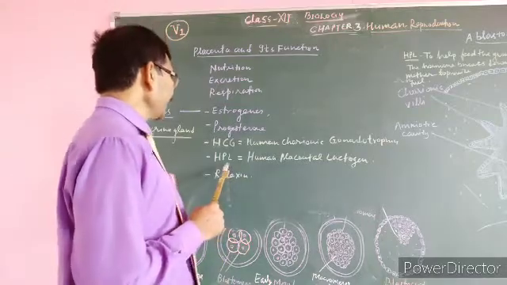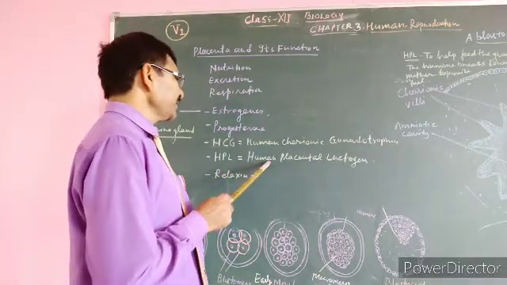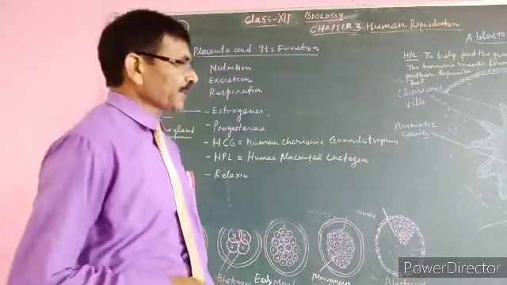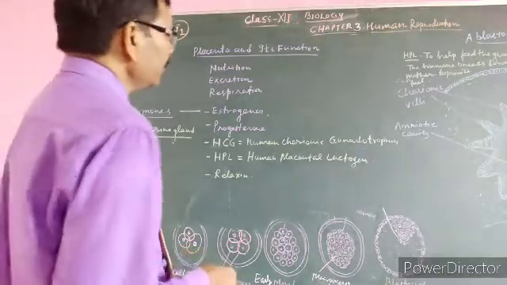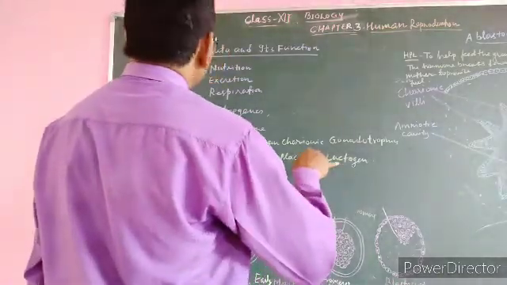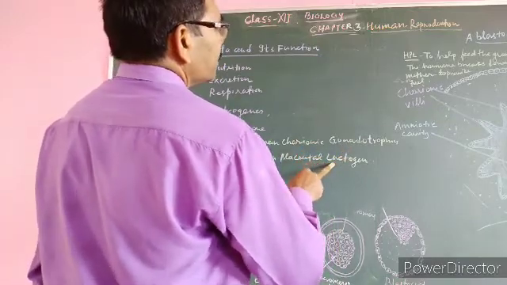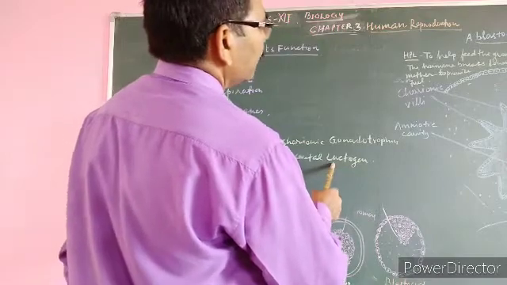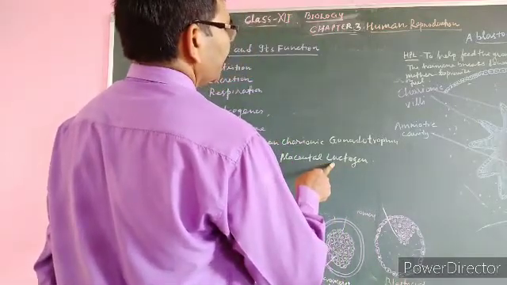Now see HPL. Its expansion is human placental lactogen. Lacto means milk. It helps to feed the growing baby inside the uterus.